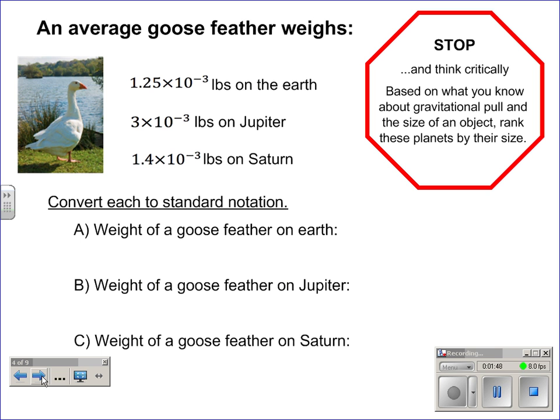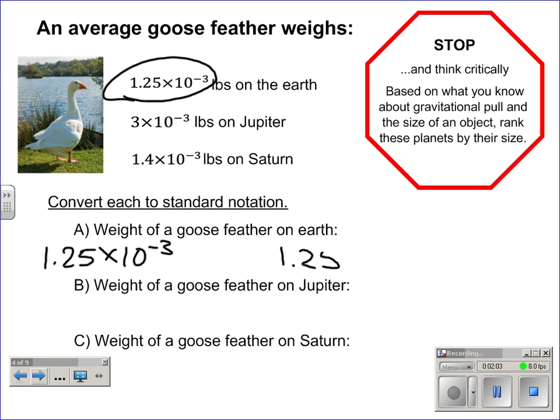All right, let's look at the goose feather weights. So first of all, we need to change 1.25 times 10 to the negative third to standard form. So I'm going to write this 1.25 over to the right. And then I look at this exponent. The exponent tells me to move the decimal to the left. And I know I'm going to move it 3 times to the left because it's a negative exponent, and because the exponent is 3.